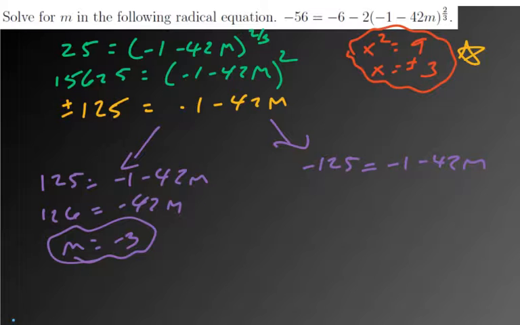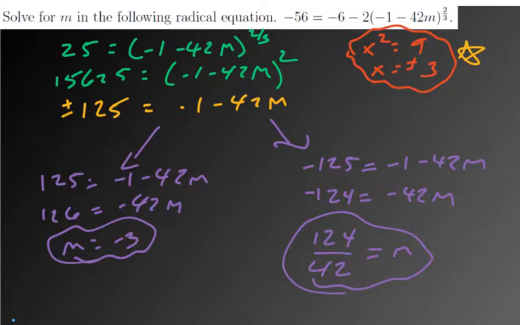And then here we're going to add 1, get negative 124. And then divide by negative 42. And I don't think that's super nice. I think we're just going to leave it as 124 over 42 equals m. And you don't have to check because it's a cube root. They should both work. We got two answers like we knew we should because it's a second degree polynomial.